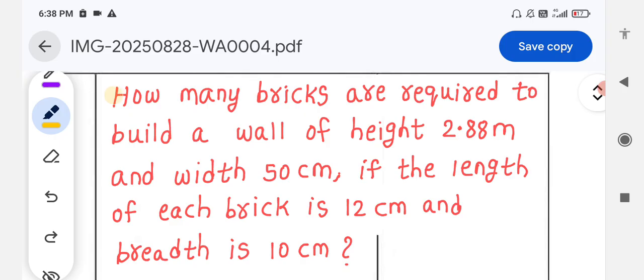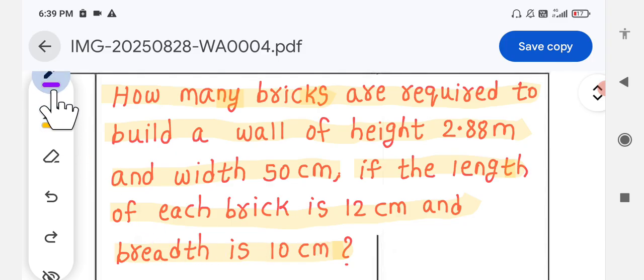Let's read the question. How many bricks are required to build a wall of height 2.88 meters and width 50 centimeters if the length of each brick is 12 centimeters and breadth is 10 centimeters.